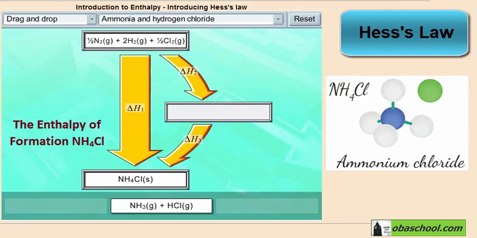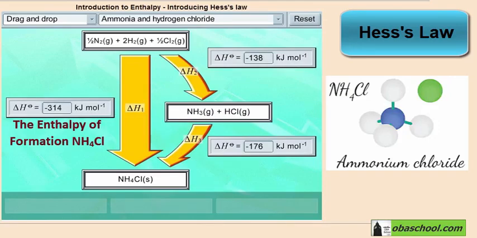The alternative route might be to form ammonia, NH3, and hydrogen chloride separately before reacting them together to form ammonium chloride. So we will produce NH3 and HCl, which will react in another reaction to form NH4Cl.